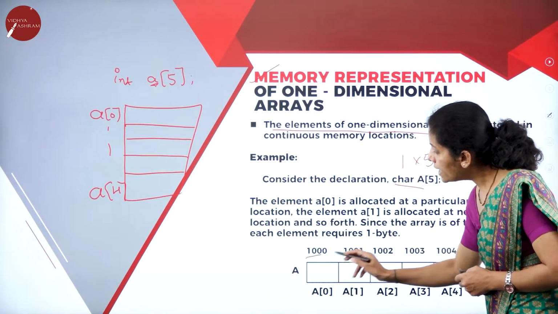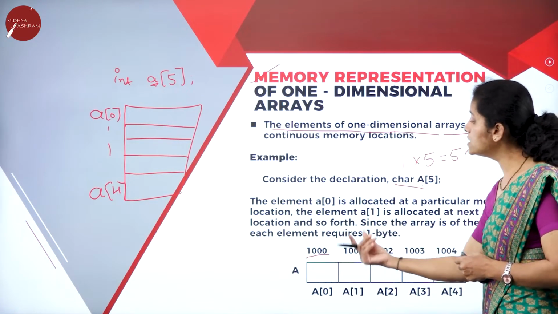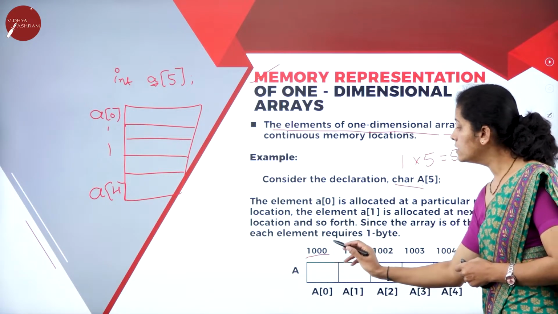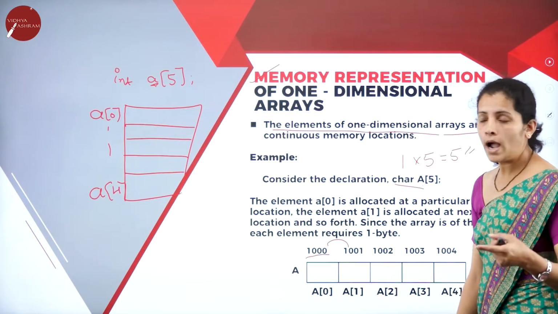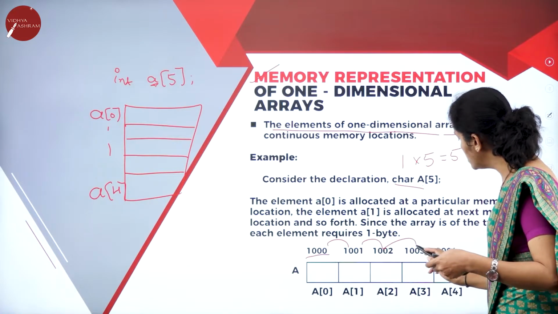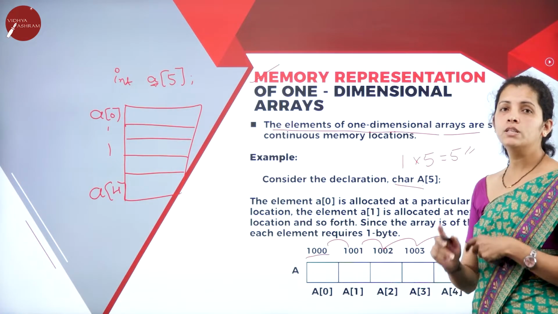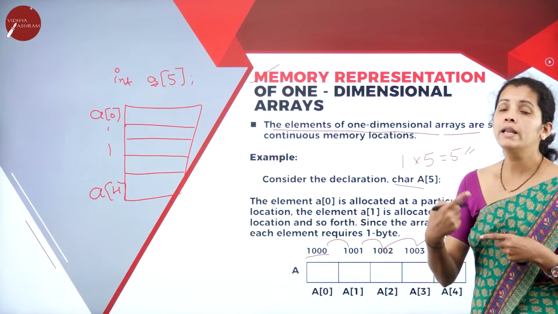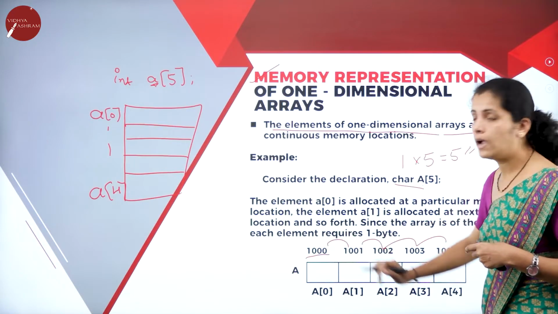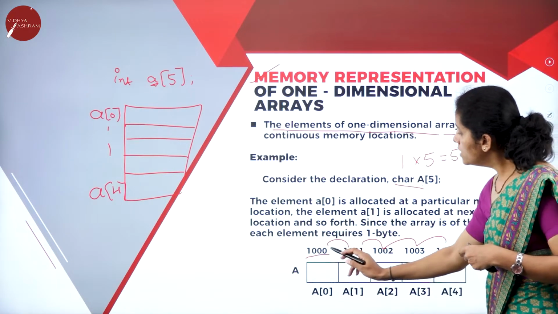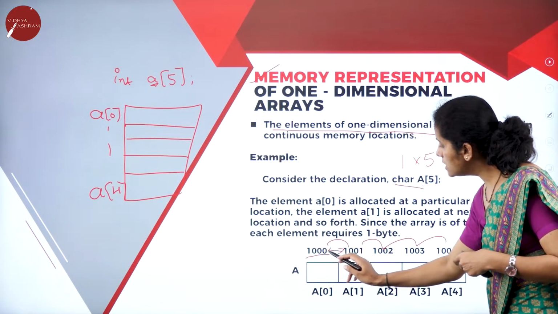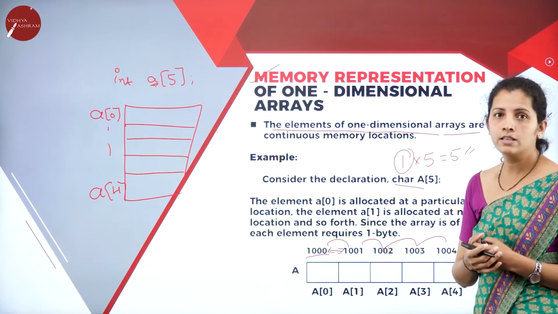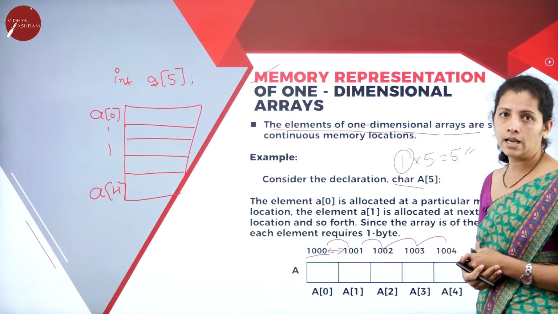See the address here. So the address starts from 1000, next time 1001, 1002, 1003 and 1004. So there is only one byte. There is one increment in the address. So this one increment is nothing but the size of the character data type.